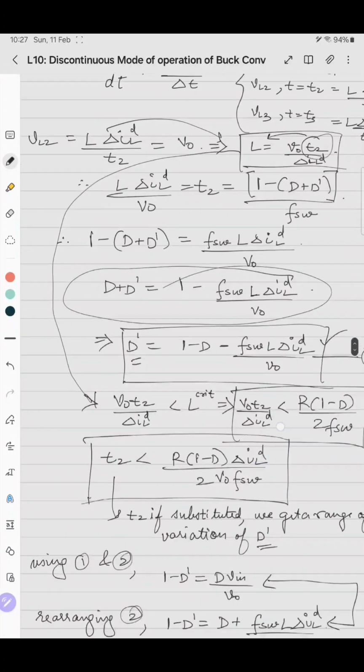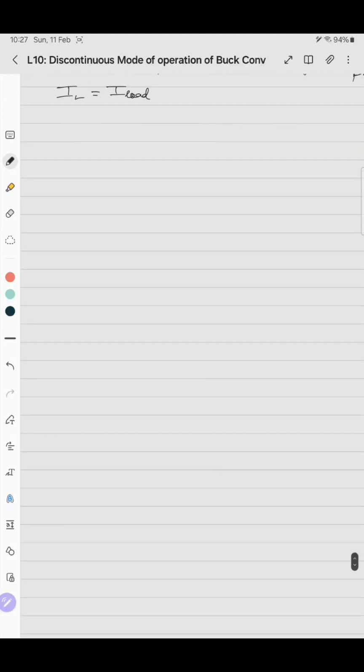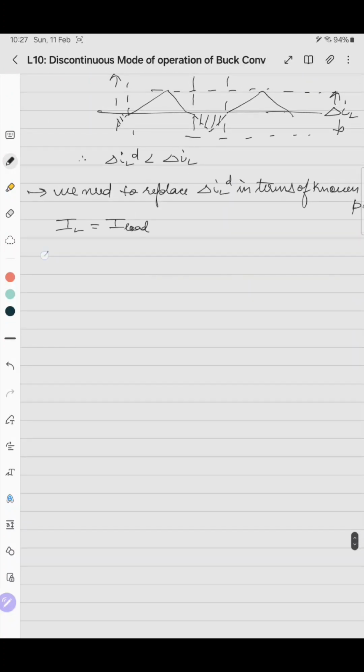so how do you find the average value? Average value of IL, which is equal to capital IL, is 1 by T integral 0 to capital T switching, I'll write T switching, IL of t dt. This is the average value. But what is this? This is the area under the IL versus time graph.